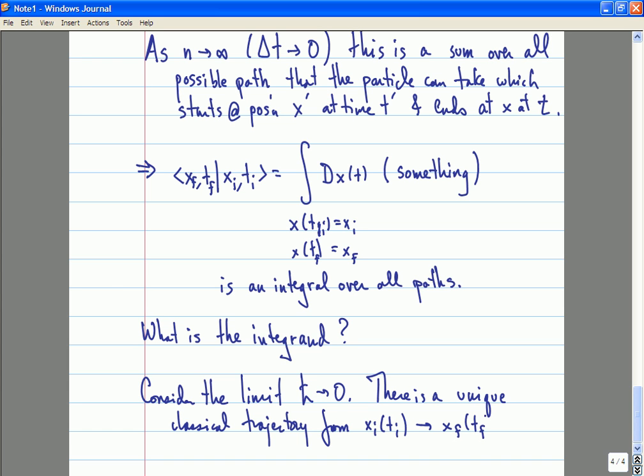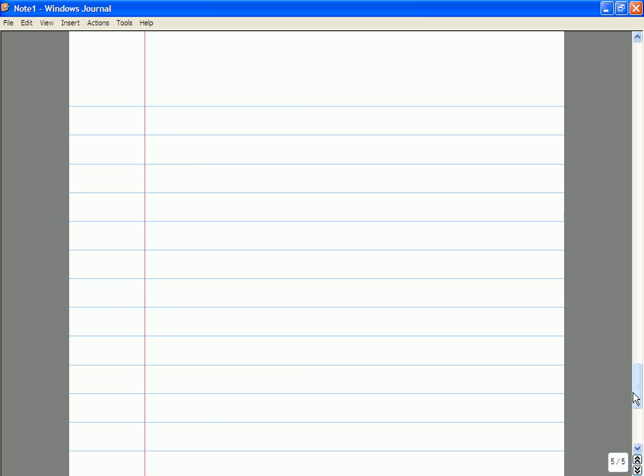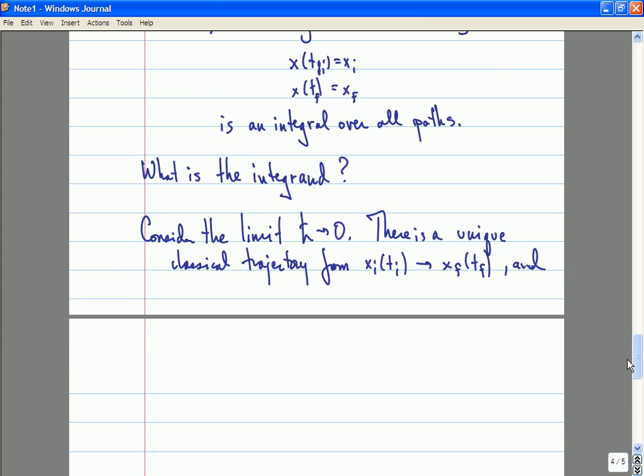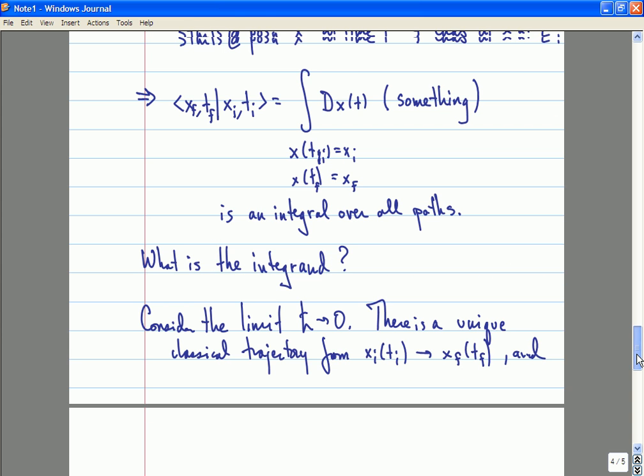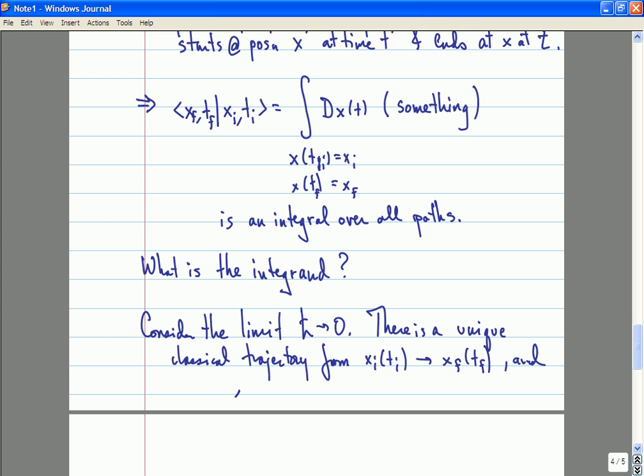That's just classical mechanics. And we know what the propagator should be in this limit. We know that the propagator should be given by the exponential of the classical action of this classical path divided by h bar.